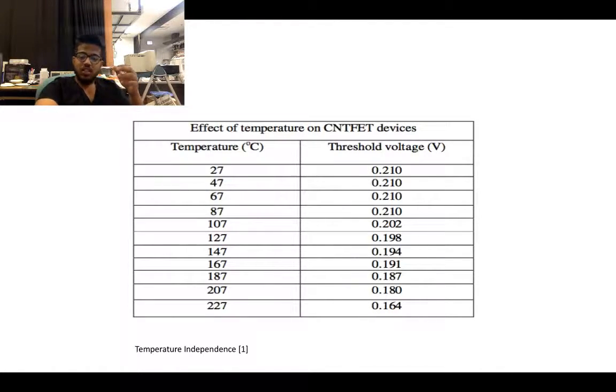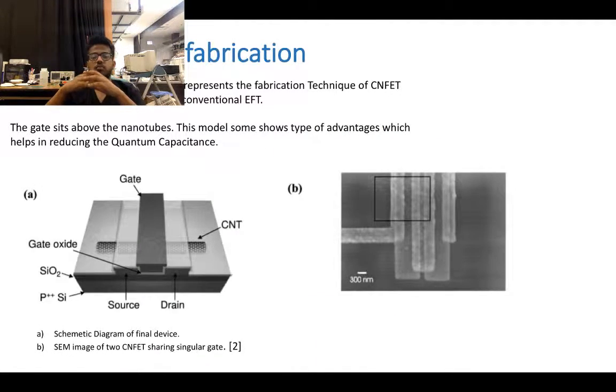So the threshold voltage is a significant property of a transistor, and it does not really change with increase in temperature. Even at 10 times high temperature, it's not a huge difference in the threshold voltage. Now we'll talk about the fabrication of CNFET.